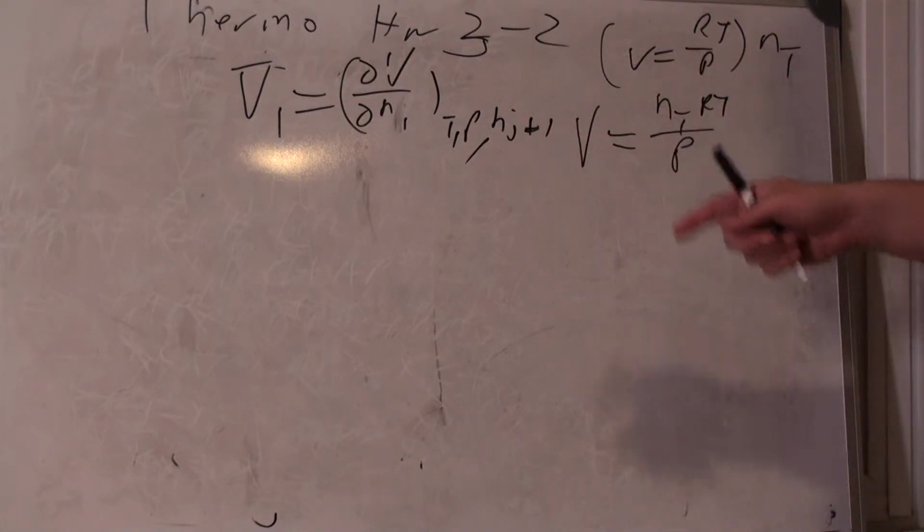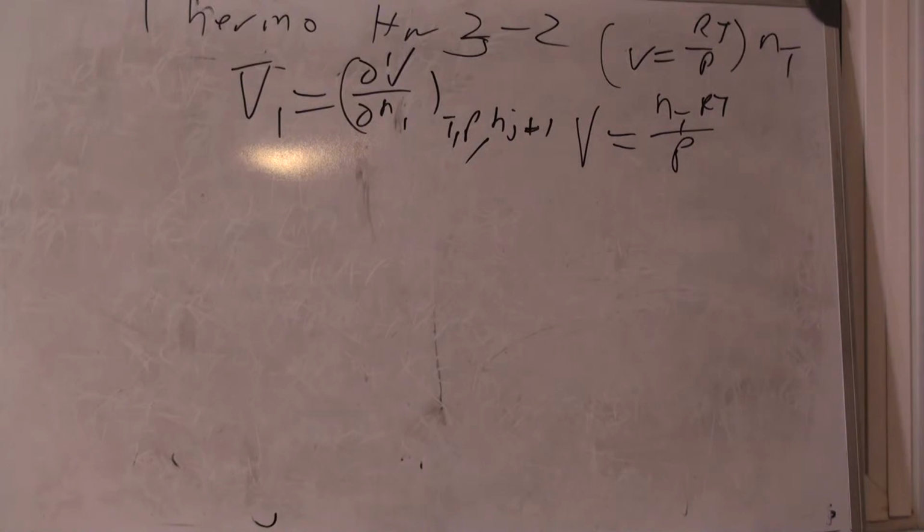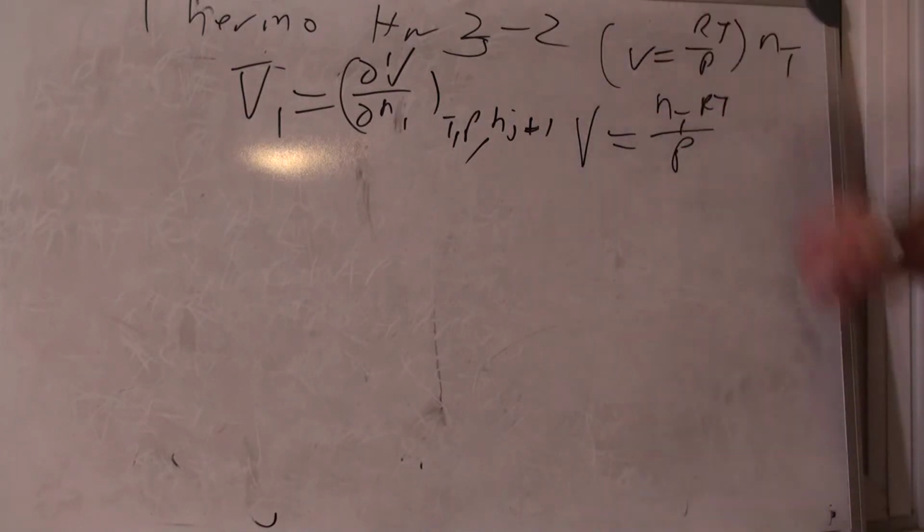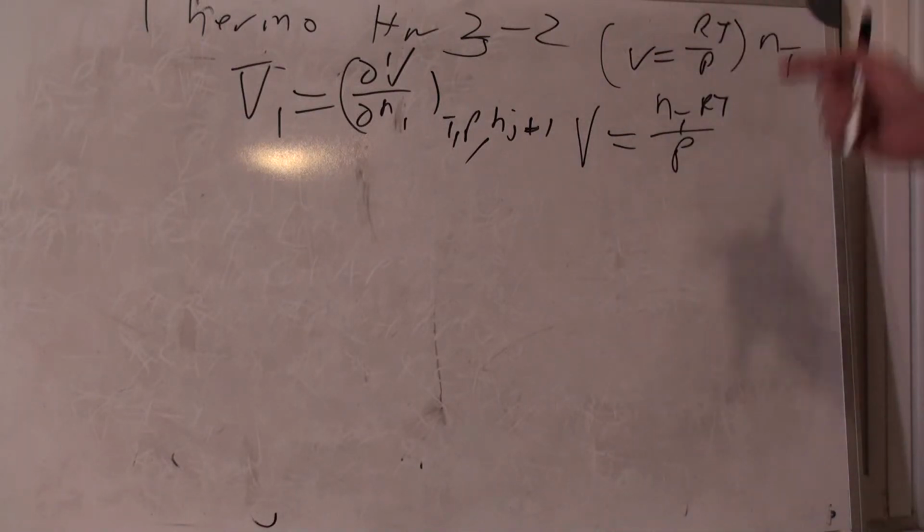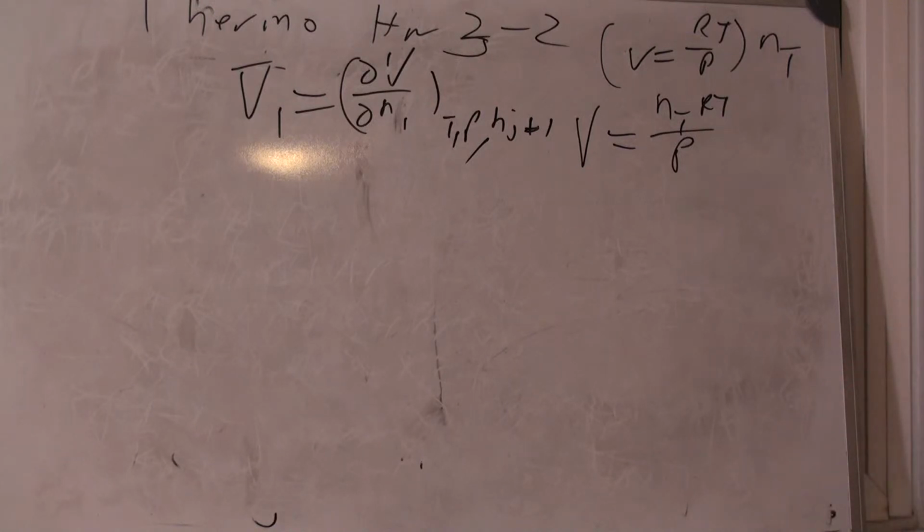Nj not equal to 1 is constant. Does it say total moles? No. And so if I take the derivative of this, because there's no N1s in here, right, it should go to 0, right?